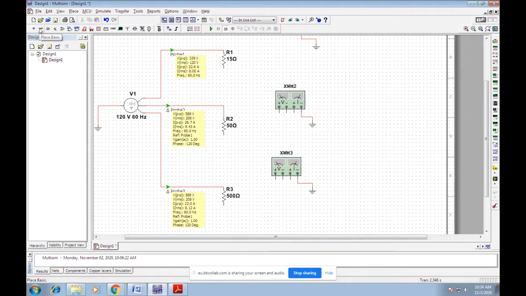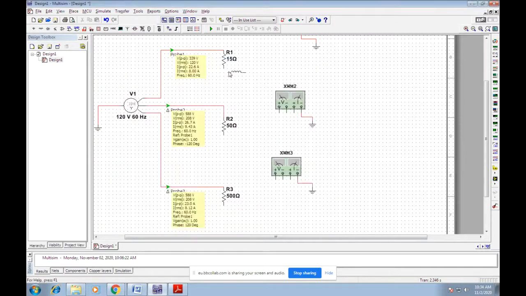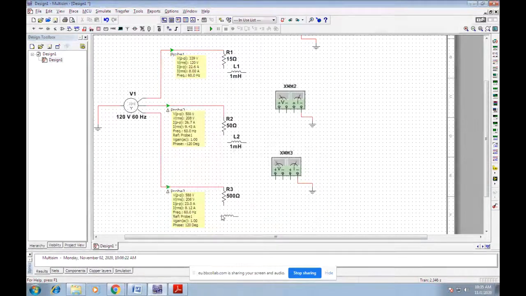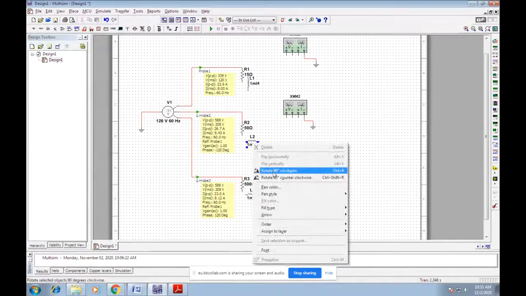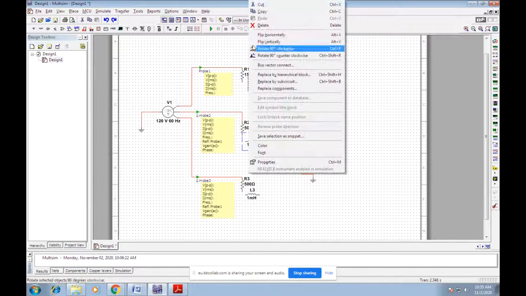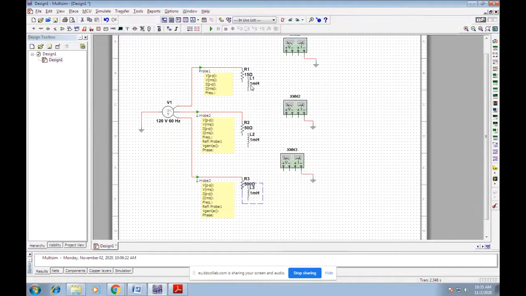From the place basic, select inductor. First of all, select any value. Any value you can use, and again any value for L2 and L3. Then we have to rotate it as per the circuit.